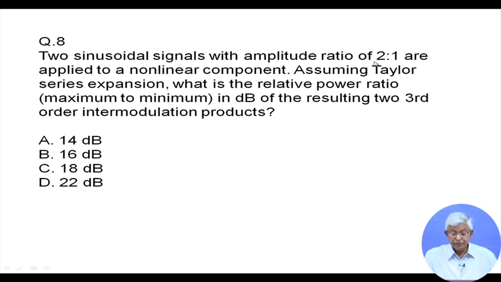Their amplitude ratio is 2:1, that is one piece of information, and we have to find the maximum to minimum third order ratio, because it is unequal components. So, third order also will be unequal. The options given are 14, 16, 18, 22 dB. Let us see which one is correct.